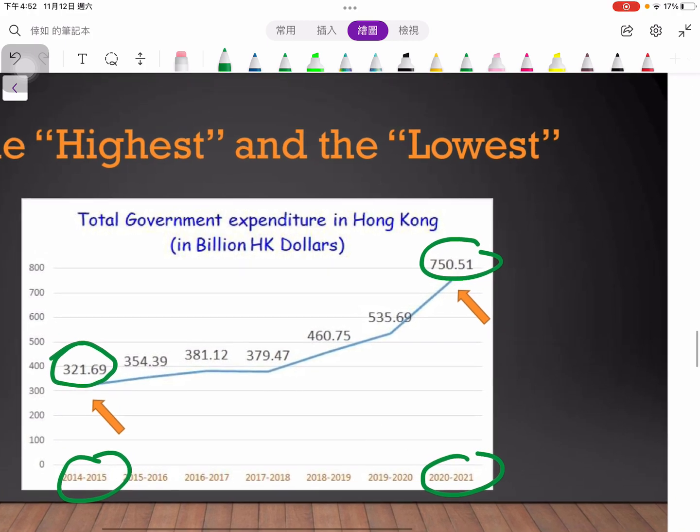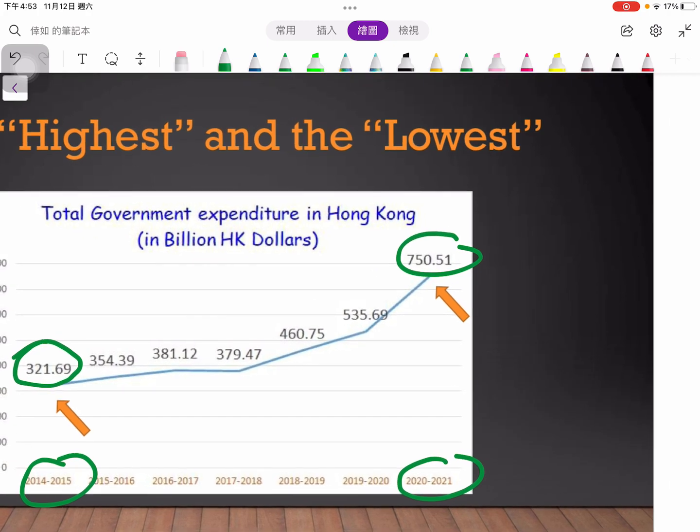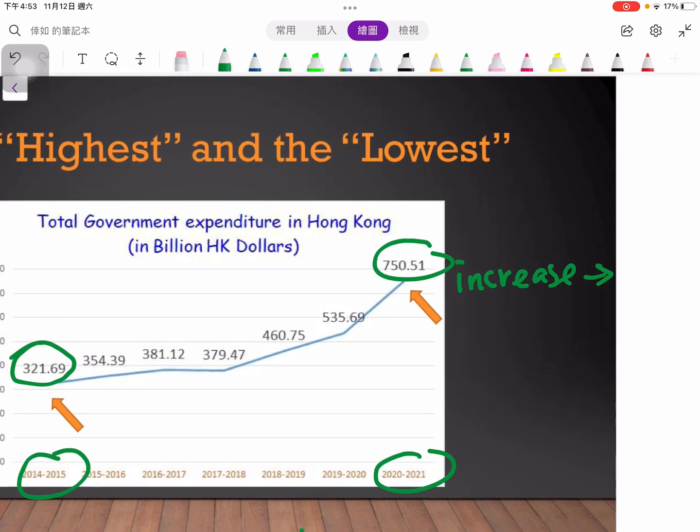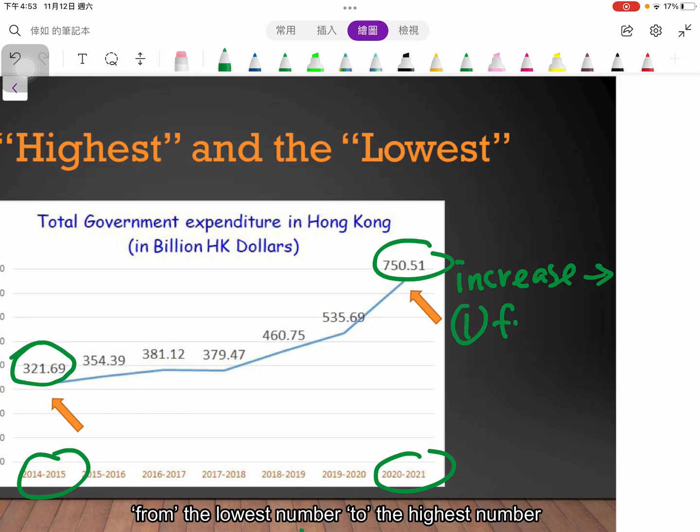After that, we can use two ways to describe the numbers. As you can see, the line is rising, so just now I told you, you have to use the word increase. And then we have two ways. The first way, we can use the form from the lowest number to the highest number.